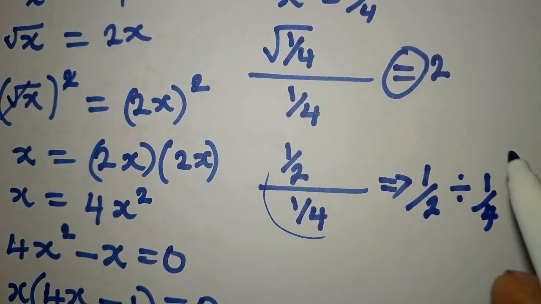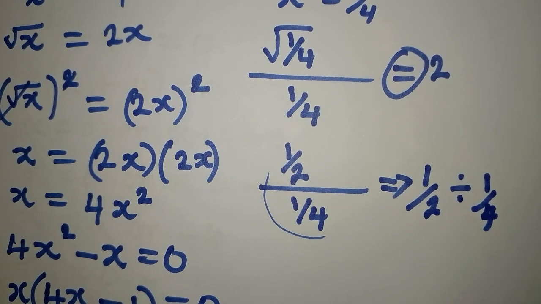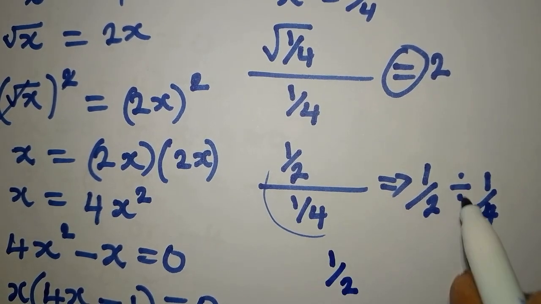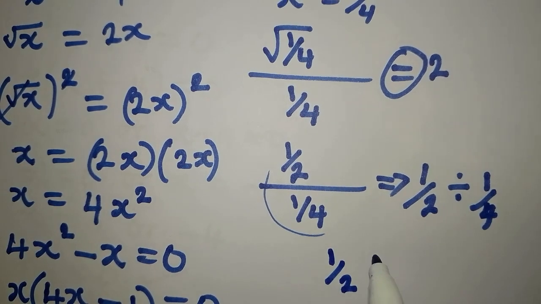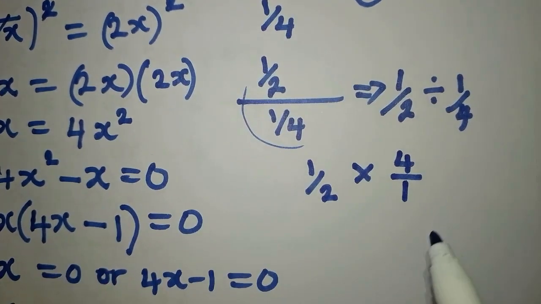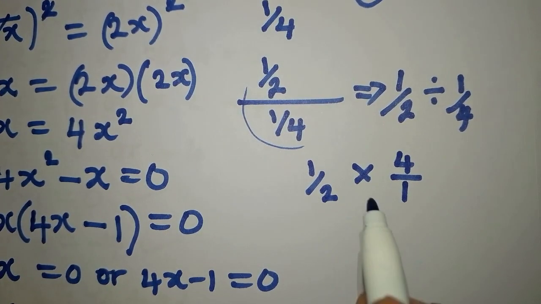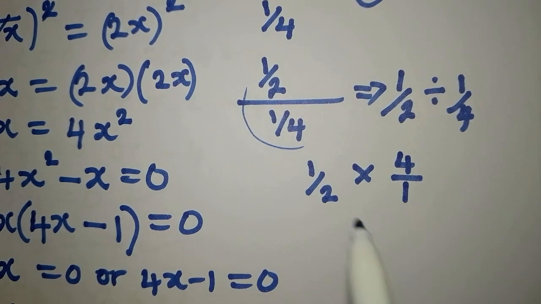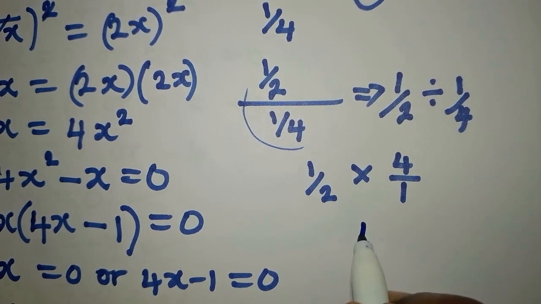This can be written in this form, right? Then we have 1 over 2. Turn this to multiplication as we have 4 over 1. Then we can now multiply. If you're multiplying, you don't have to cross multiply. You just have to multiply straight away. So that 1 times 4 will give us 4.